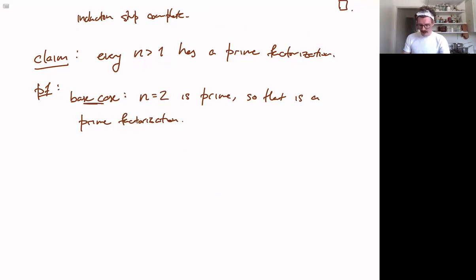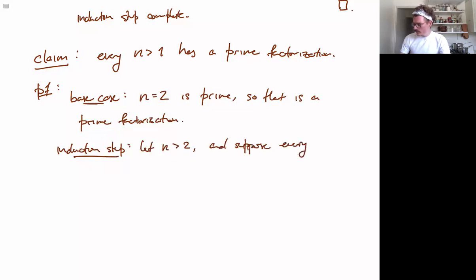And then our induction step: let n be greater than 2, and suppose every integer from 2 to n minus 1 has a prime factorization.